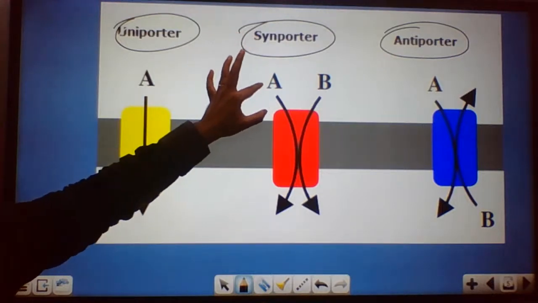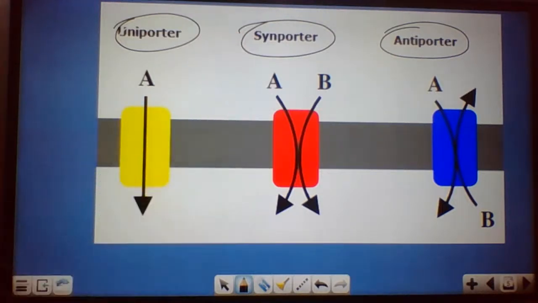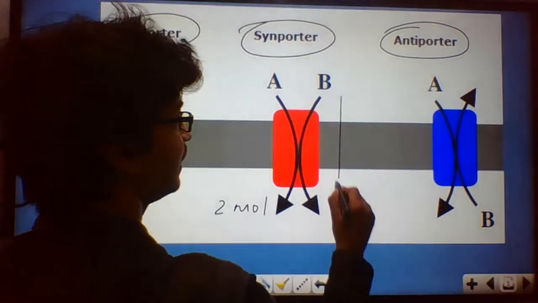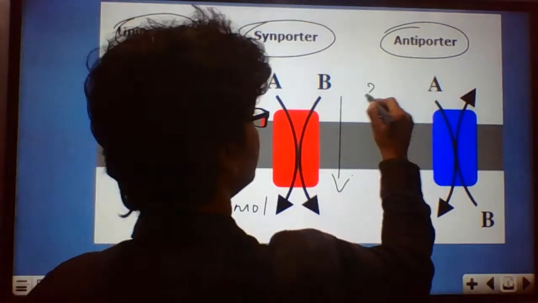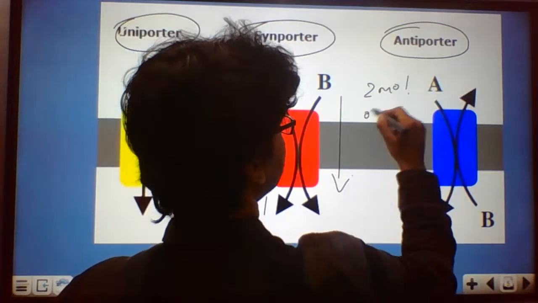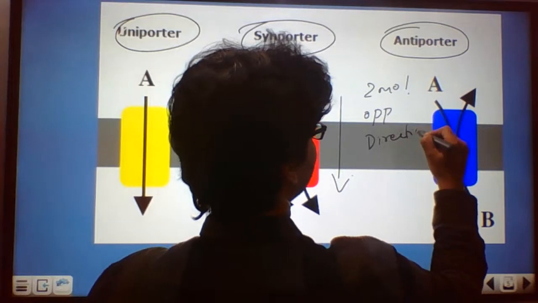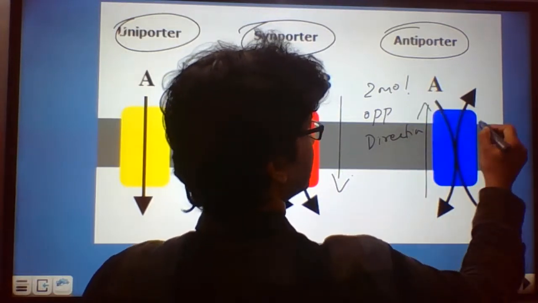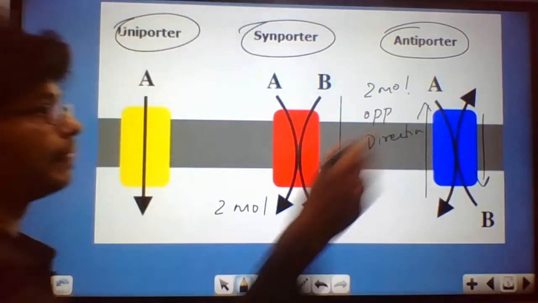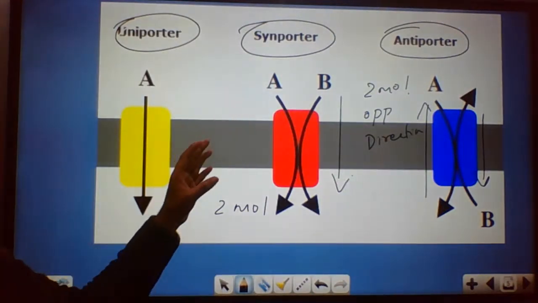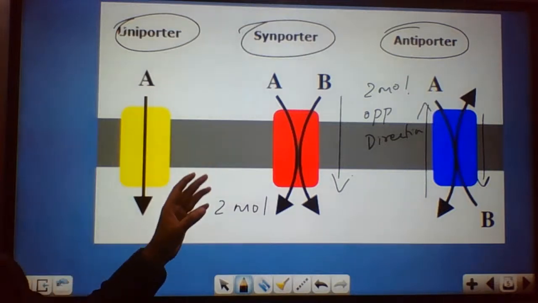In symport, two molecules move in the same direction. In antiport, two molecules move in opposite directions. So these are the different ways by which molecules can move.